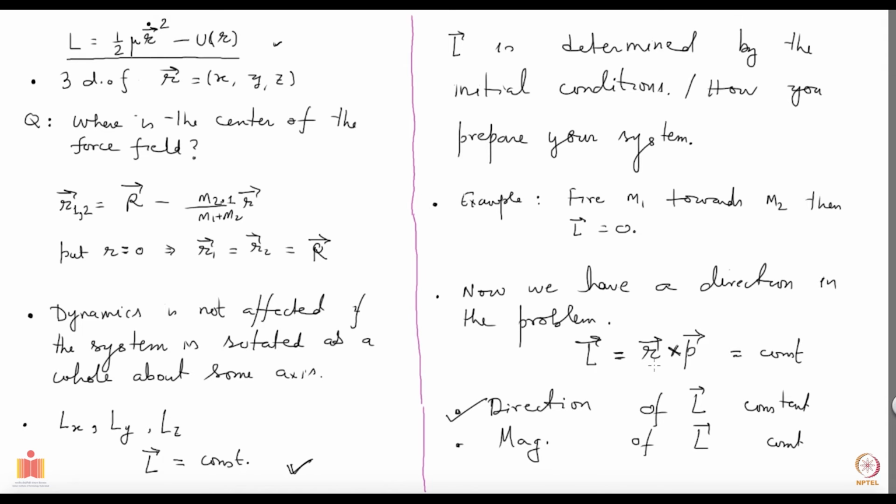Because this is a cross product, you know that L is perpendicular to R, or R is perpendicular to L, either way, which means the particle of mass mu is moving in a plane that is perpendicular to L. The R has to be always perpendicular to L, which means R is confined to a plane perpendicular to L, and of course it has to have also a momentum within that plane.